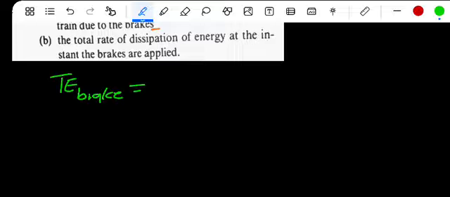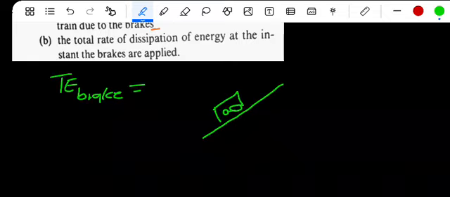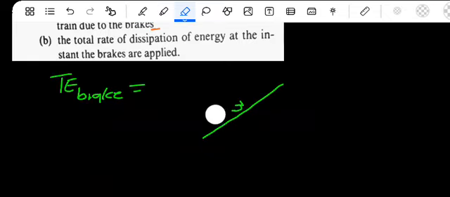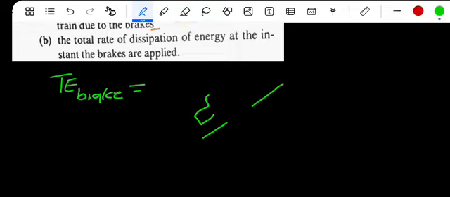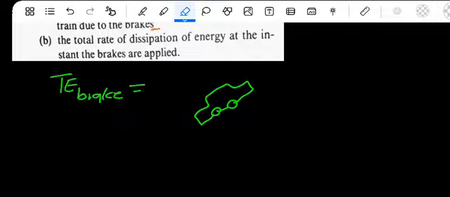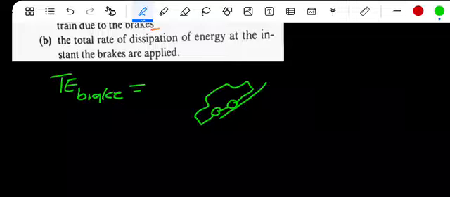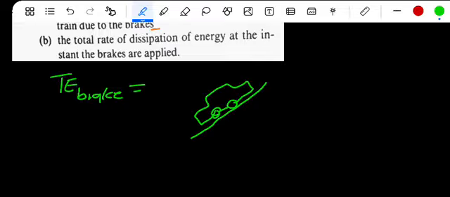Now when we are stopping, there will be an instant. Let me just say a roller coaster track, or any track.